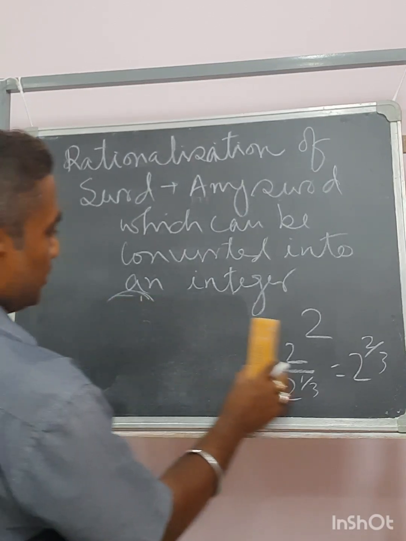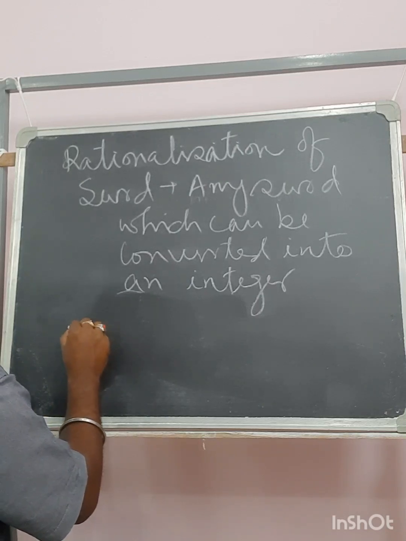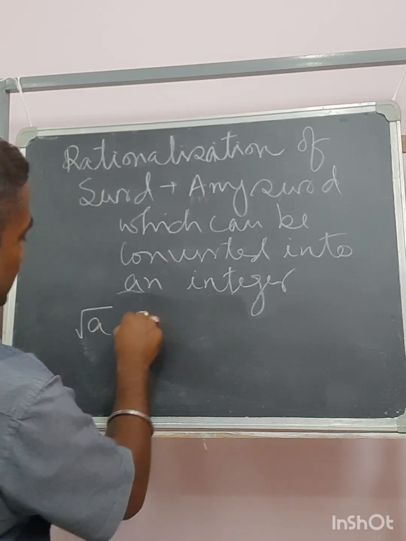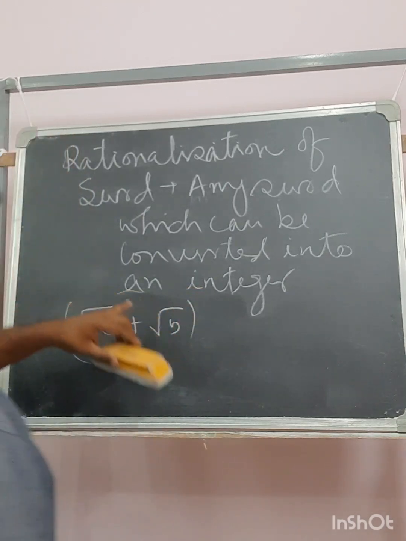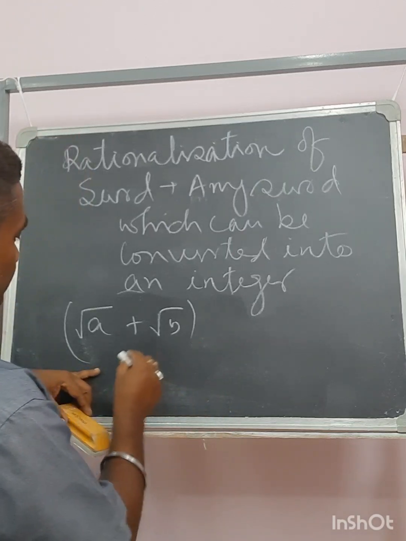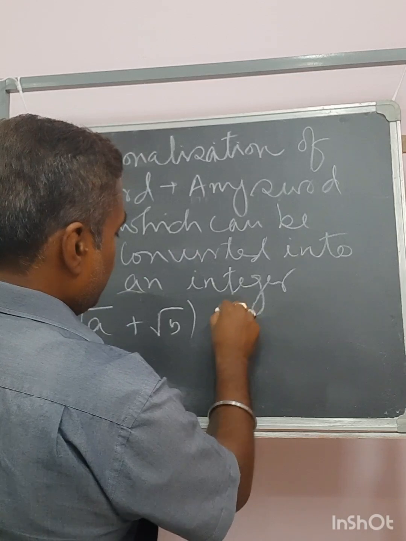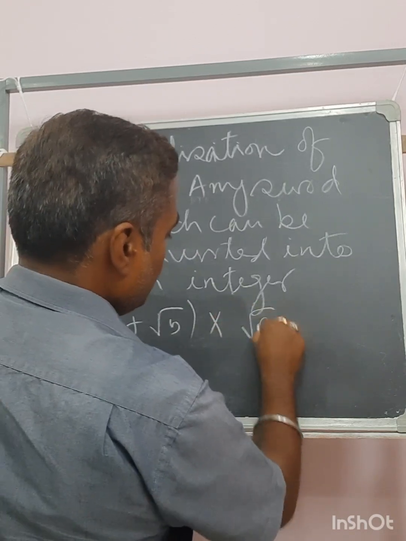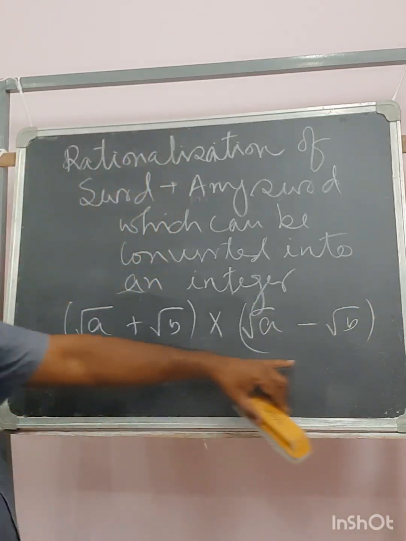Now if it is a mixed or compound surd, let's say I am taking an example, root A plus root B. To do rationalization of this, I need something which could make it an integer. So the only possibility is to multiply it with root A minus root B, the opposite sign, if this is a compound surd.